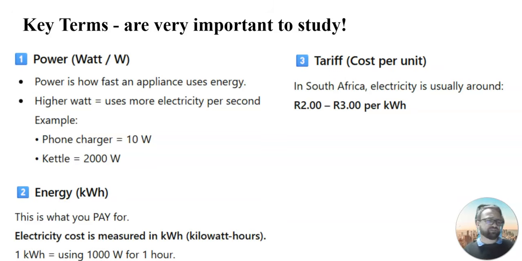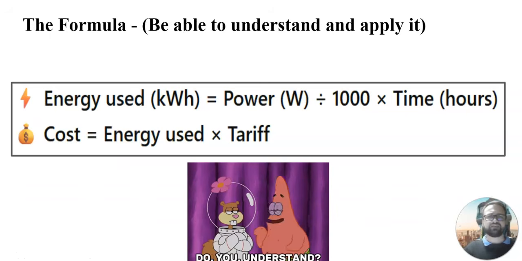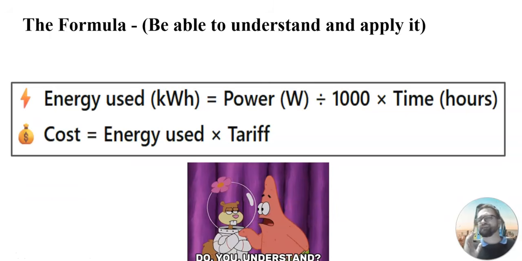The first thing that we need to know and understand, and what you have to be able to apply, is the formula. Energy used in kilowatt hours equals power in watts divided by 1000, times the hours.